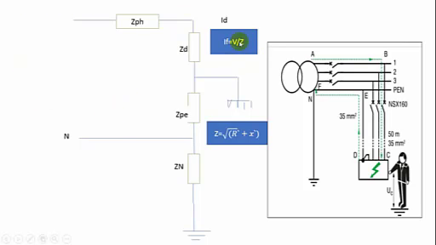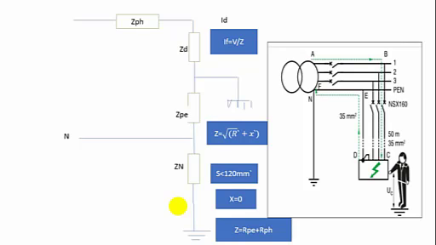For impedance, we can calculate the impedance of a 10 and 20 millimeter square cable. In these cases, the reactance is nil, equal to 0, so the impedance equals the resistance of the PE cable plus the resistance of the phase cable. How can we calculate this resistance?